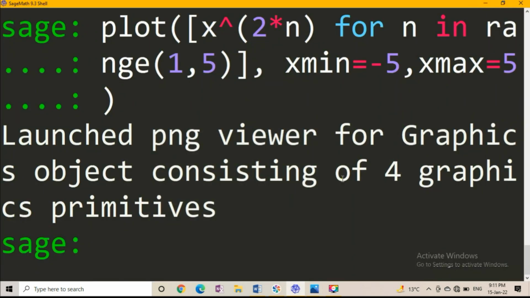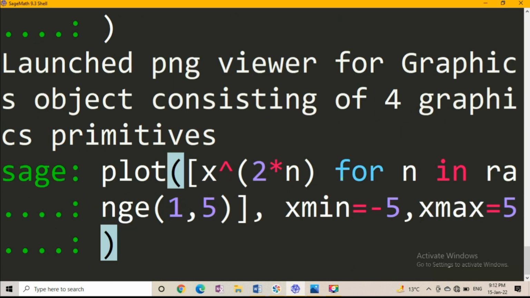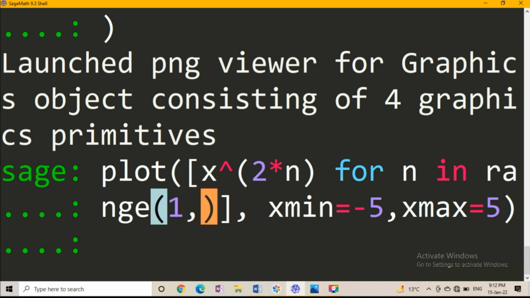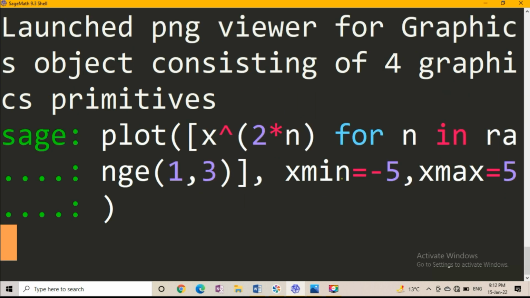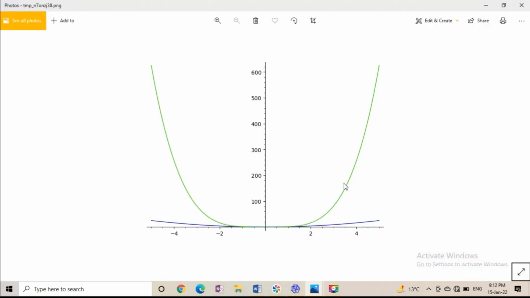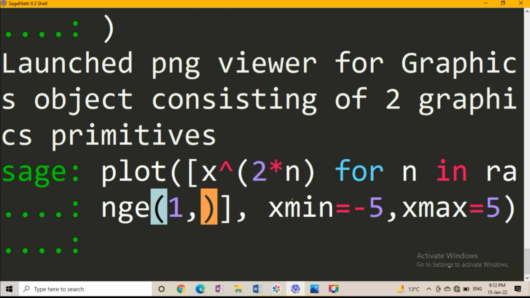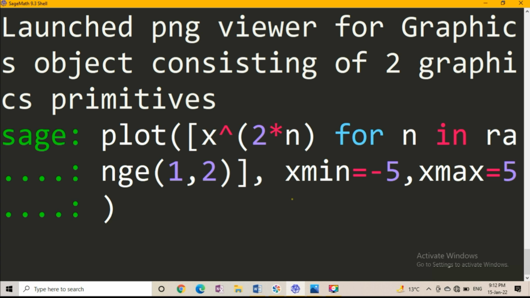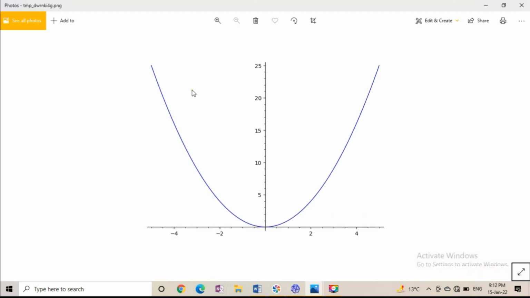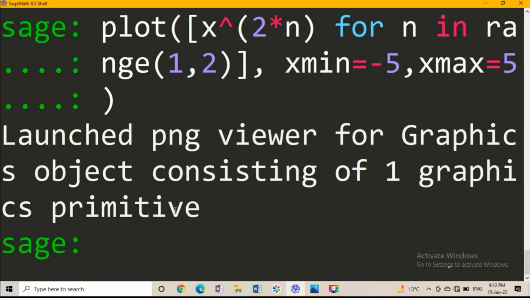Now we change the value from 5 to 3, and we get this graph. Now we again change the value to 2, there is only one graph, look at this. So this is the graph of x to the power 2n.